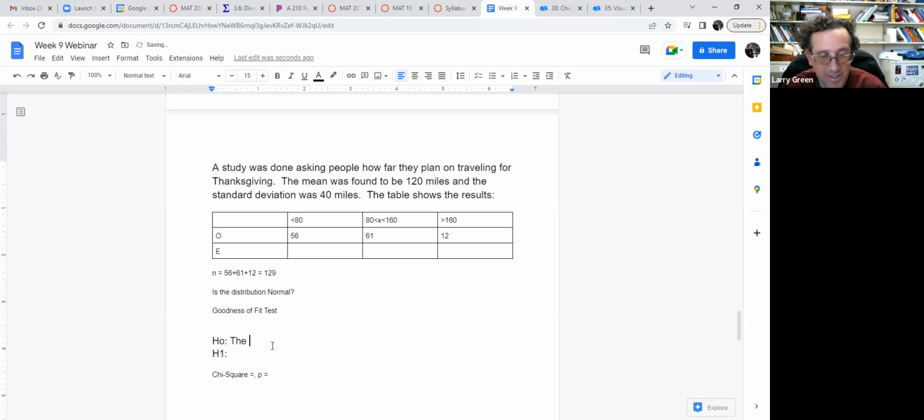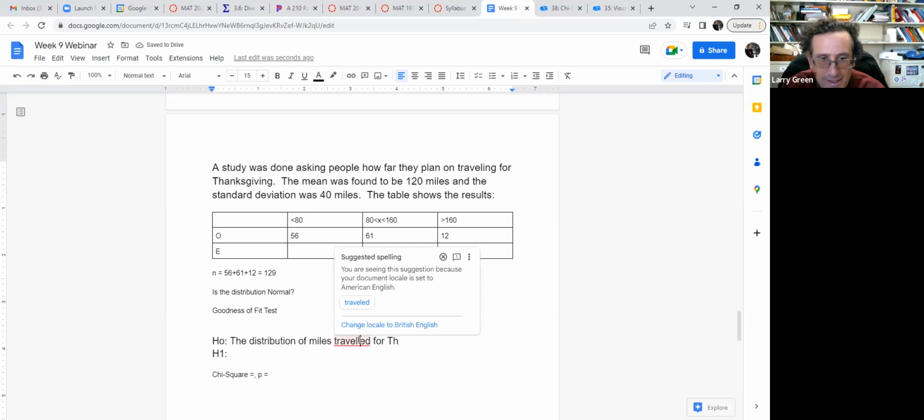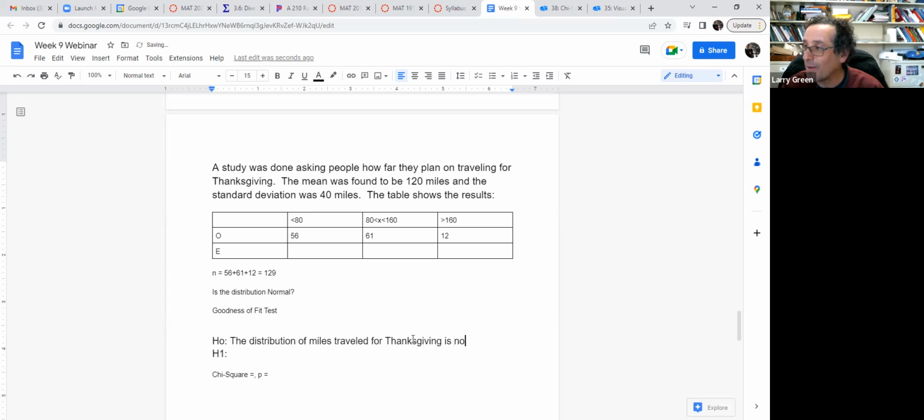So I'm going to write: the distribution of miles traveled for Thanksgiving is normal. Isn't that easy? Because that's what we want to see, a normal distribution.